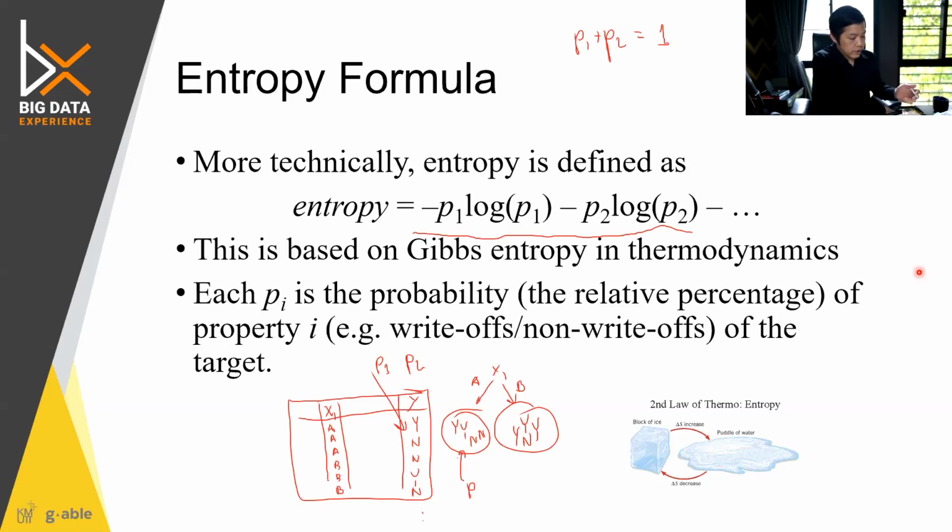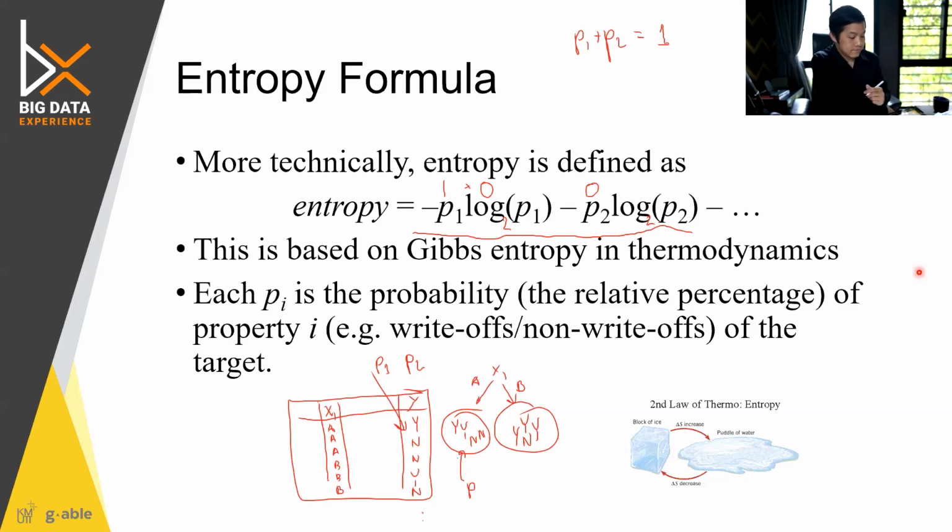If you take a look at this equation, suppose this is log 2, right? If you have value of 1, what does it mean? It means that P1 will be 1. And then log P1, log of 1, what is the value of log 1? Log 1 is 0, right? And if P1 is 1, that means P2 would be 0.